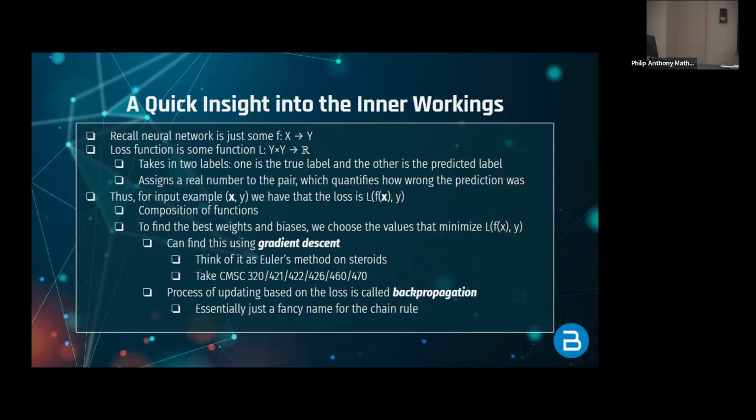So what we end up doing is taking the derivative of your prediction with respect to all of these weights and biases individually, and then the derivative of your loss function with respect to the prediction. Then by the chain rule, you multiply them together, and that tells you how wrong you are, and you update the weights based on that derivative. That's more or less how it works.